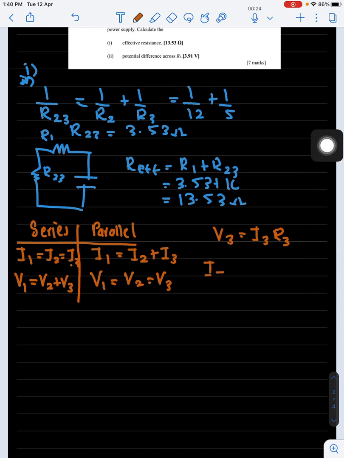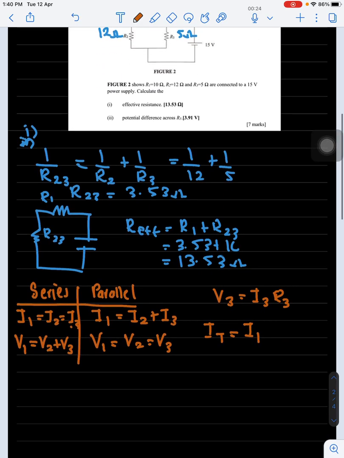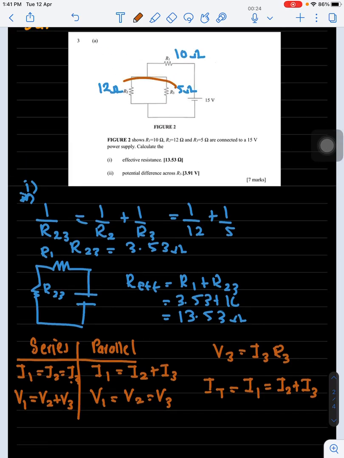I total equals I1, and I1 equals I2 plus I3 in the parallel part. Why I2 plus I3? Because this part of the circuit is connected in parallel.